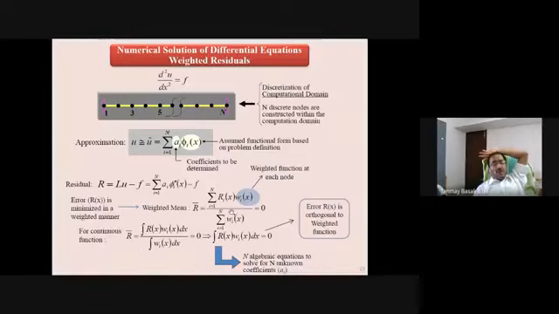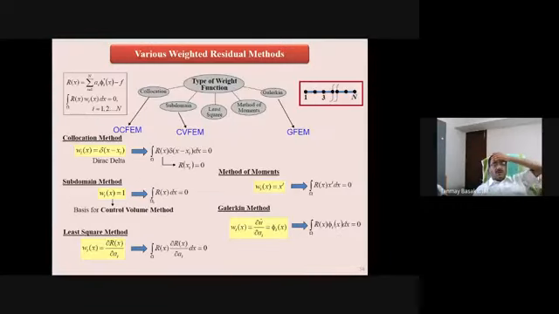So each point is like a weighted mean. If you have the mean, it is summation xi by n. If you have a weighted mean, it is summation wi xi by summation wi, and here the xi will be replaced by ri, the errors. So we get the integral of r(x) w(x) dx equal to 0, and the error r(x) is orthogonal to the weighting function.